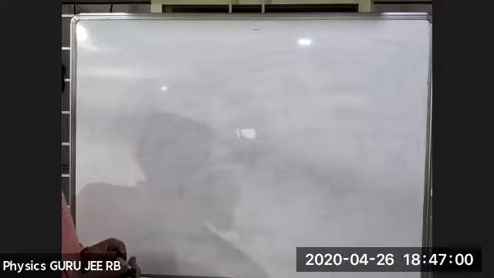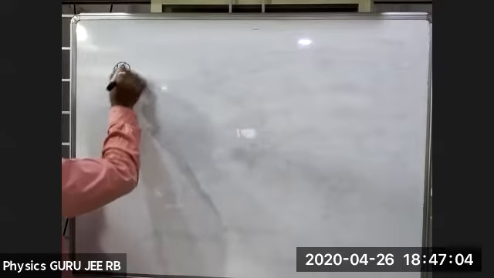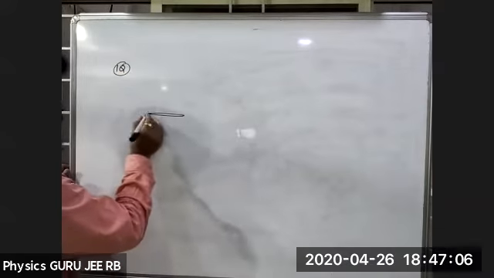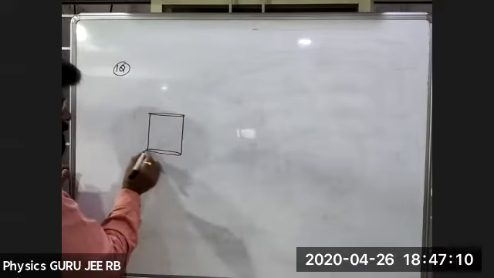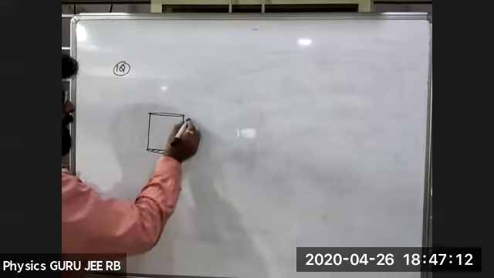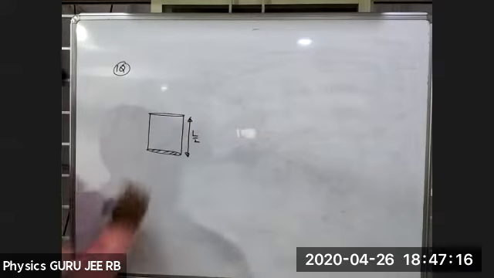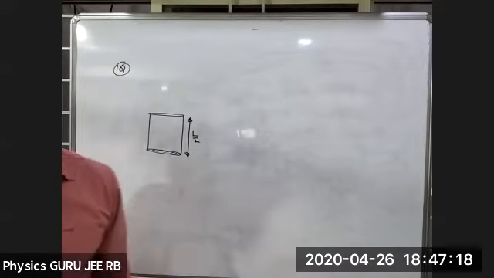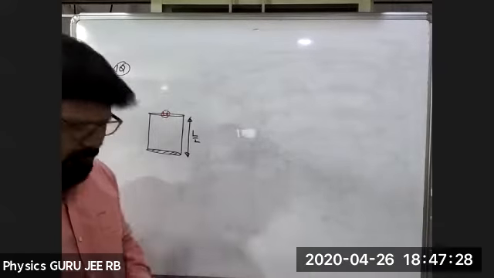First example, half of a cylinder. Let me take this is the cylinder of length L by 2, that is nothing but half of the cylinder. Now a charge is placed at the center.